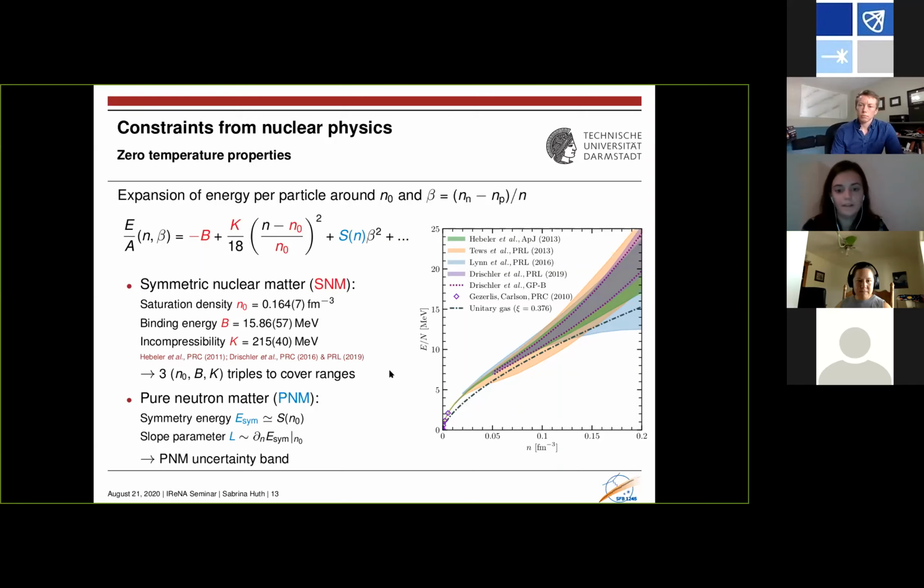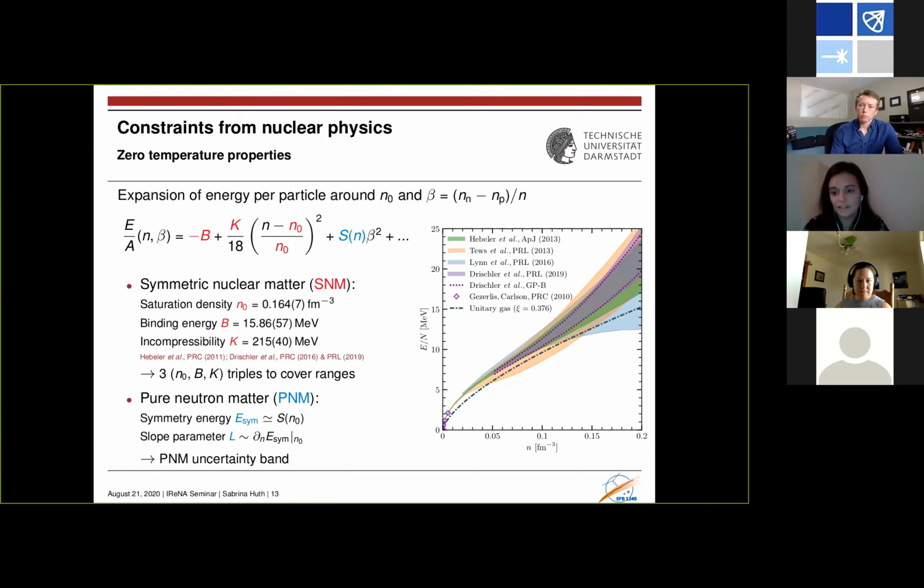And here you can see results for the energy per particle as a function of density for various calculations from chiral EFT. So all of them are based on chiral EFT, but they use different many-body methods or also different orders in the chiral expansion.